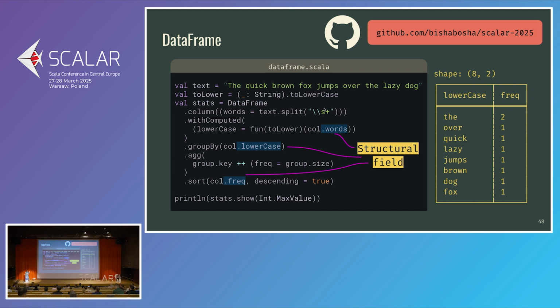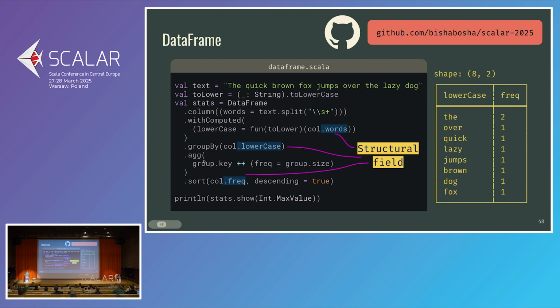So I'm going to split the text by white space, whatever. Then I'm going to add an extra field, so again, a lowercase column by calling this external function. And I'm accessing the words column with a structural field selection that I just generated from here. And then now I have the lowercase column, and I can group by that.